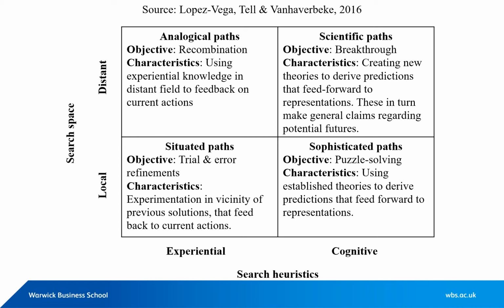To understand analogical and scientific paths, let us go back to our example of the automobile firm, which works on lithium-ion battery technologies and is trying to improve the efficiency of electricity storage by searching into the new technologies using carbon nanotube electrodes.